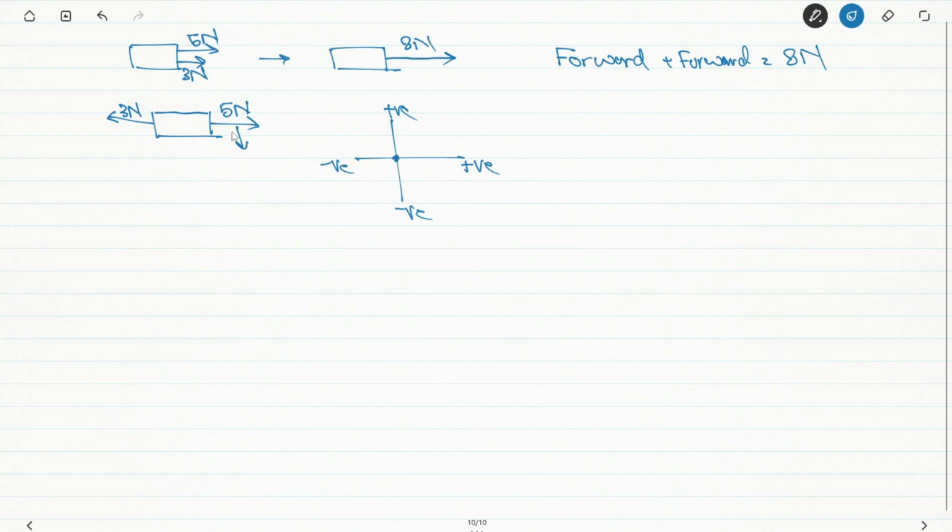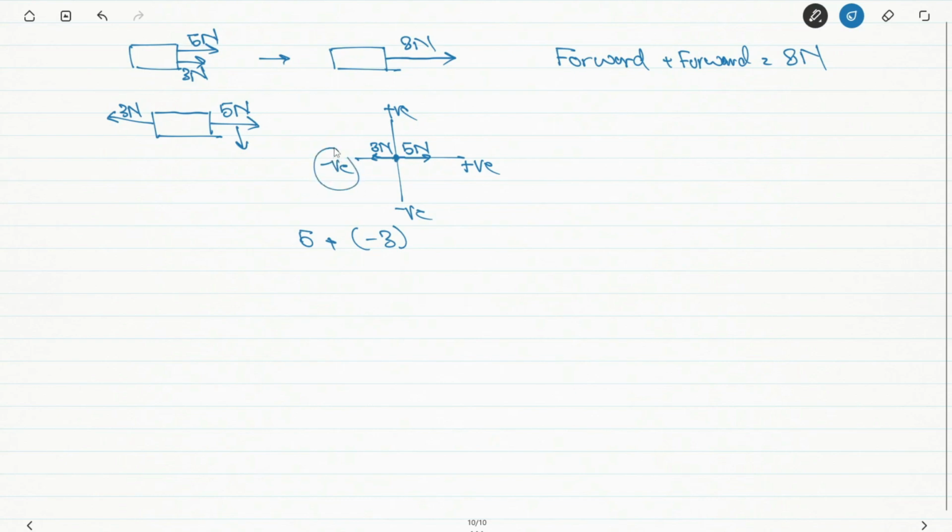So let's just assume this box is this dot here, and a force of 5 positive Newton is applied here, and 3 negative is applied here. That is why we previously added a minus sign here, because this 3 is actually a negative 3, because it's in the backward direction.